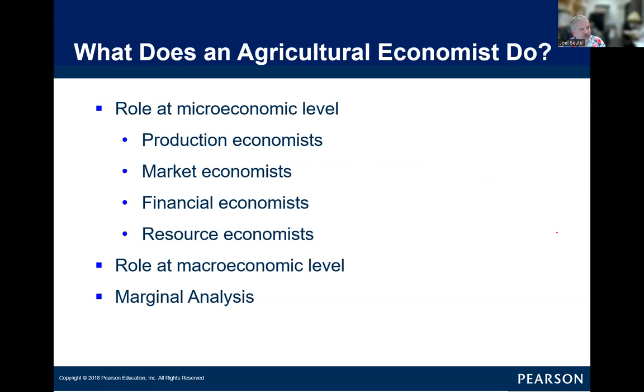In this class, we're mainly focused on those microeconomic levels, and we're not going to get too into the macro analysis at all. And then economists are always focused on marginal analysis, which means how much to produce one more bushel, right? Not in the aggregate, but what does it cost to produce one more? What's the benefit of producing one more?